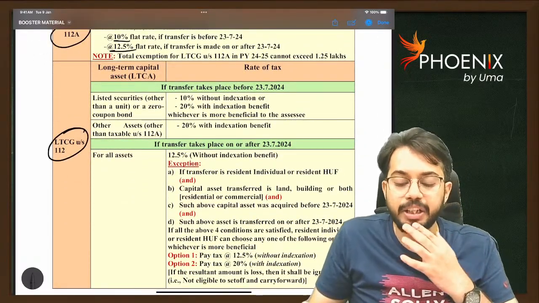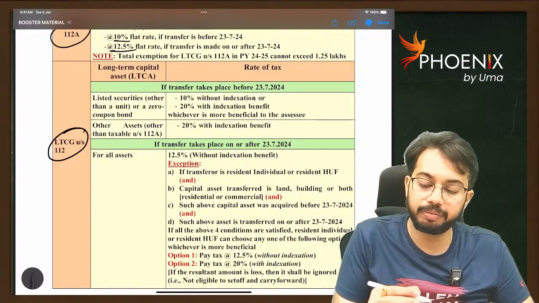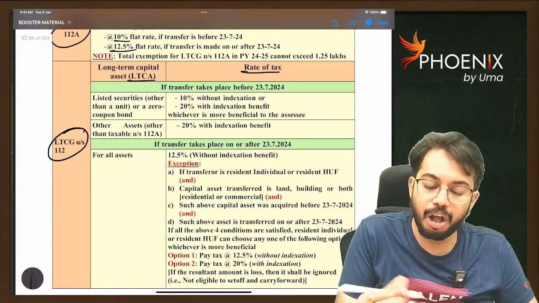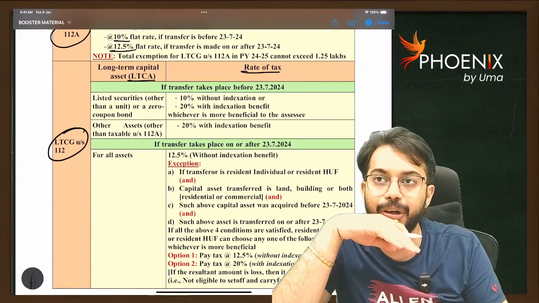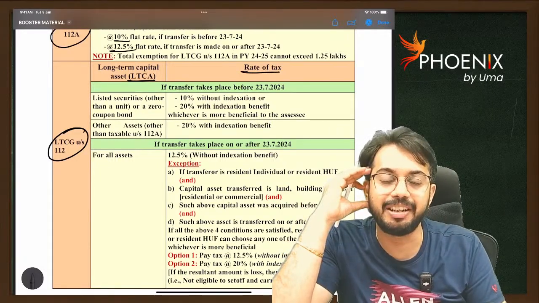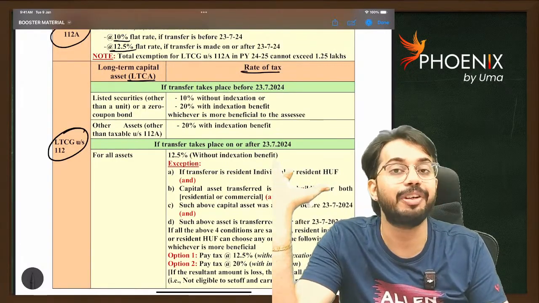Long-term capital gain under section 112. Rate of tax on long-term capital gain. See, before 23rd July 2024, there is the concept of indexation. But on or after 23rd July 2024, there is no concept of indexation.